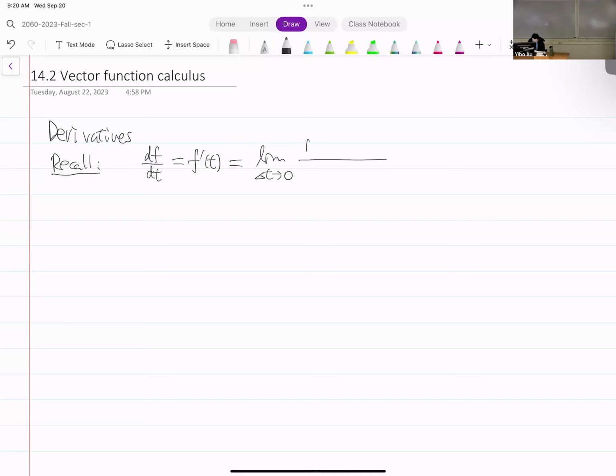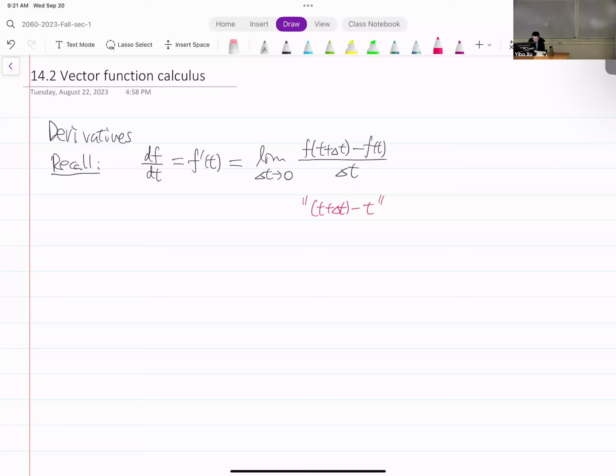You want to calculate the average rate of change within that change of the input. So the input changes from t to t plus delta t, okay? And then the change in output is just the functional difference, and the change in input is delta t. Or if you want to write it as t plus delta t minus t, okay?